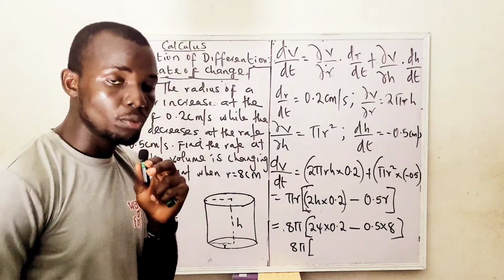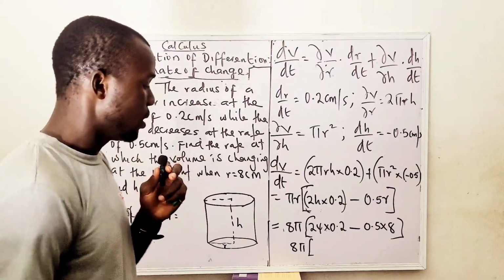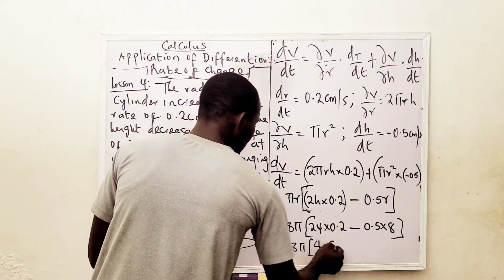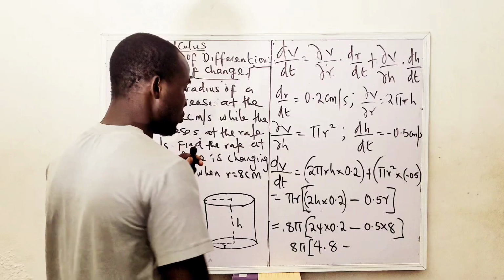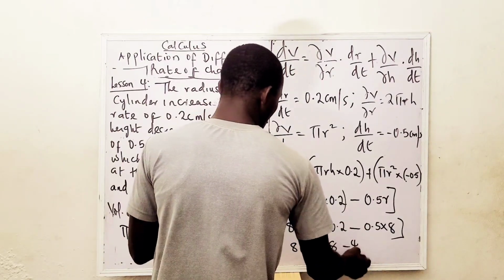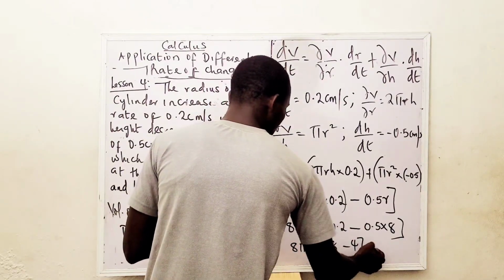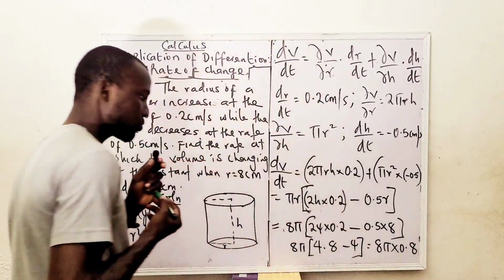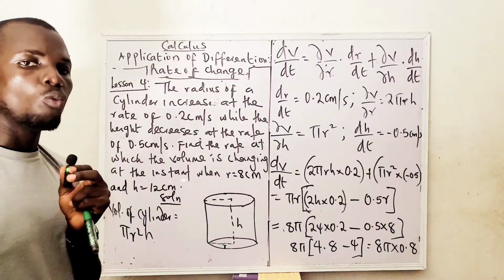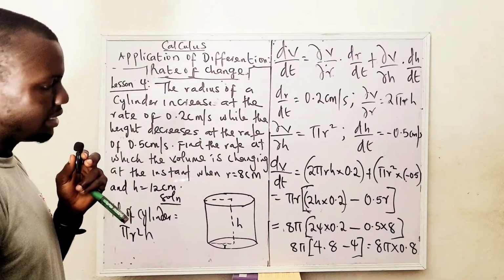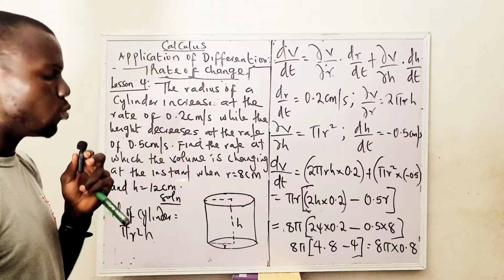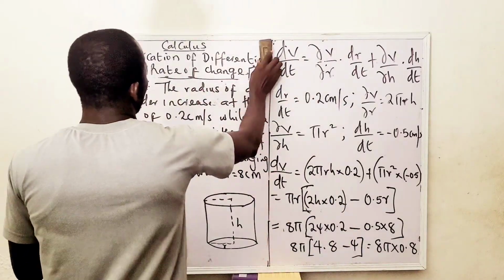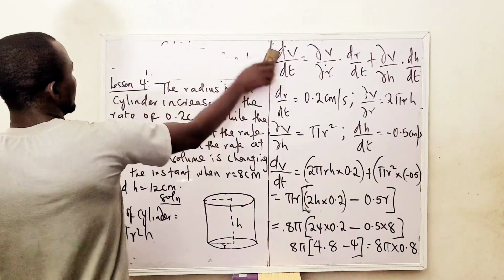24 times 0.2 would give us 4.8. And 0.5 times 8 is 4. And this will be equal to 8 pi times 0.8. And so what is 8 times 0.8?